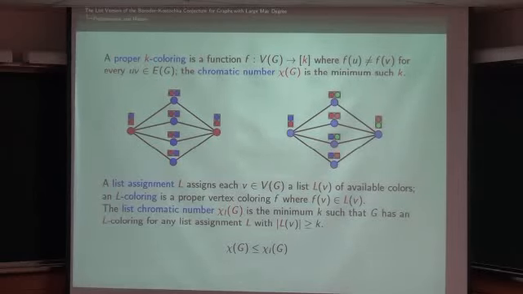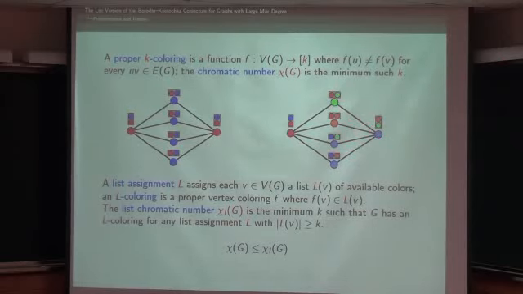And I claim you can't find an L-coloring given these lists, right? Because if I color this one with red, then since red is in both of these vertices, you're forcing yourself to use green here and orange here, and in the list of this vertex you can't find a color that you can apply.